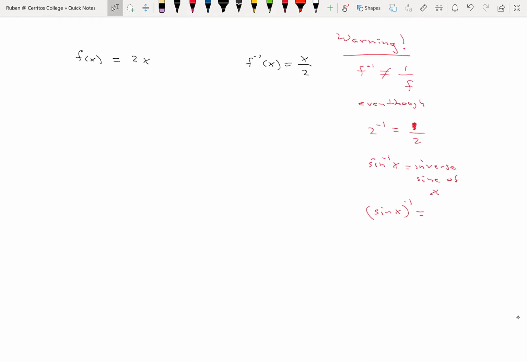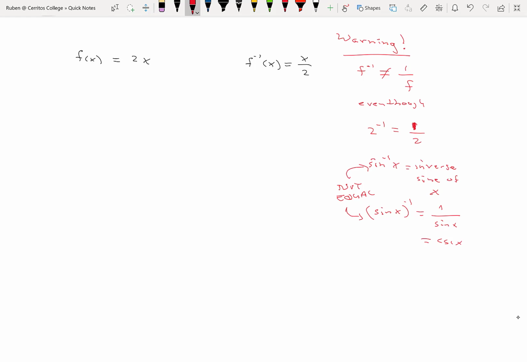Sine of x quantity to the -1. This is 1 over sine of x, and that is the cosecant of x. These are not equal. The inverse sine of x and the cosecant of x are entirely different functions.